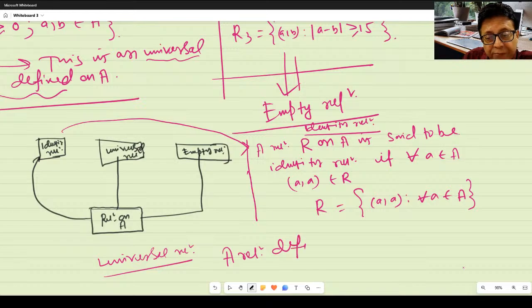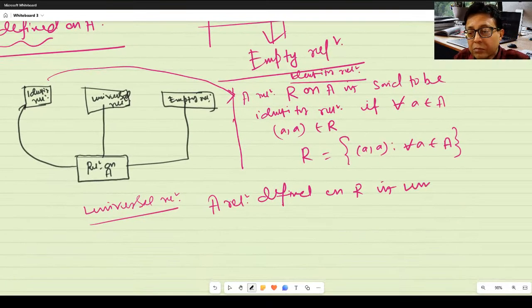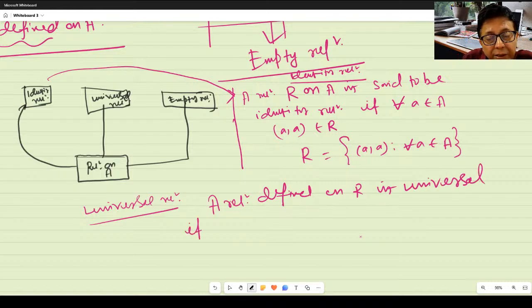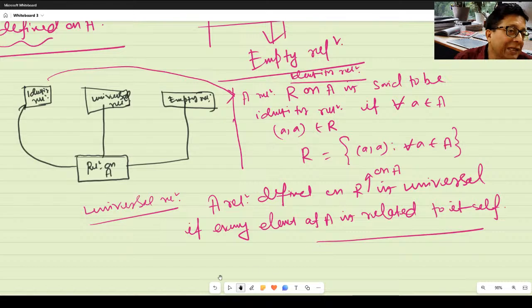A relation defined on A is universal if every element of A is related to itself.